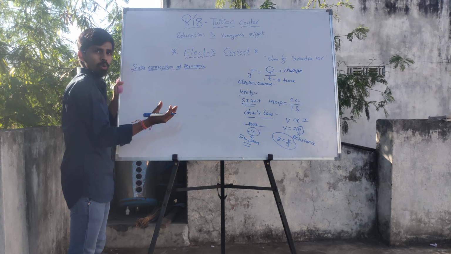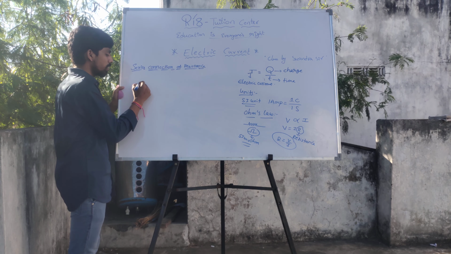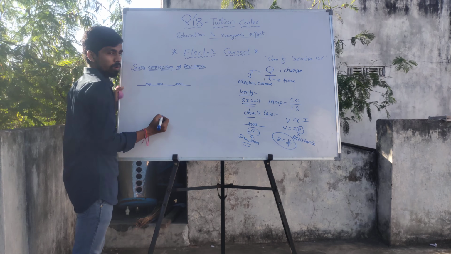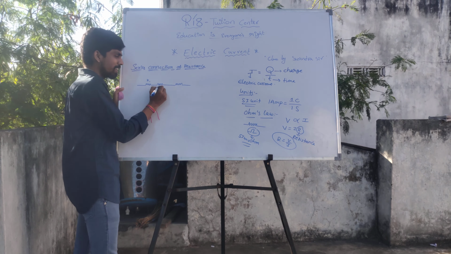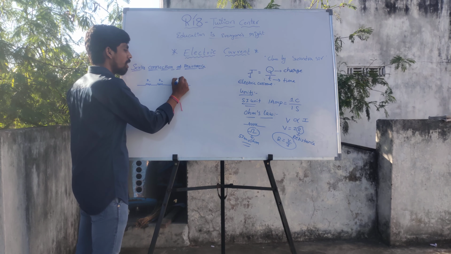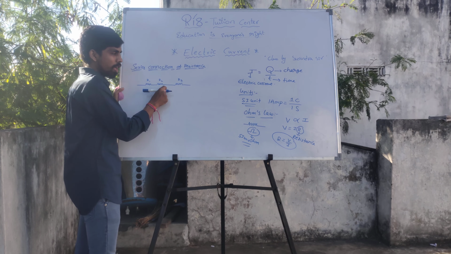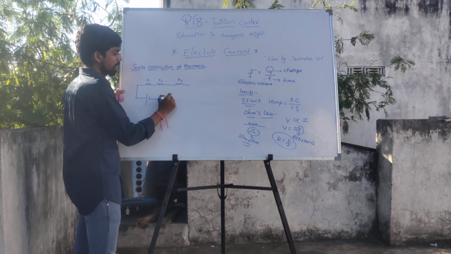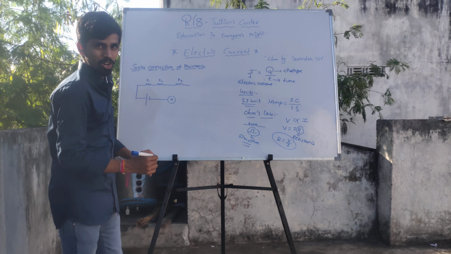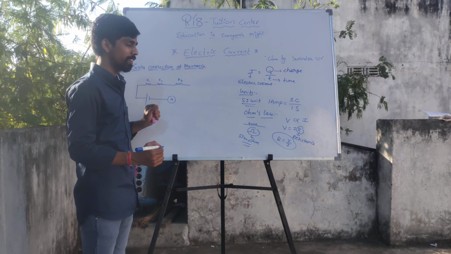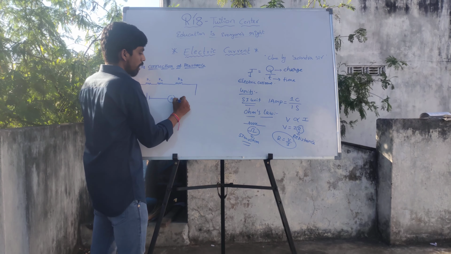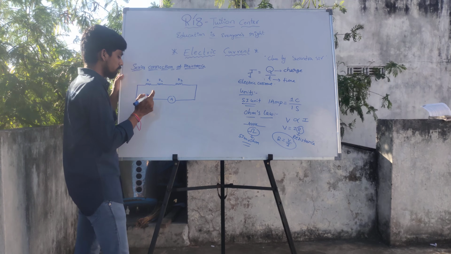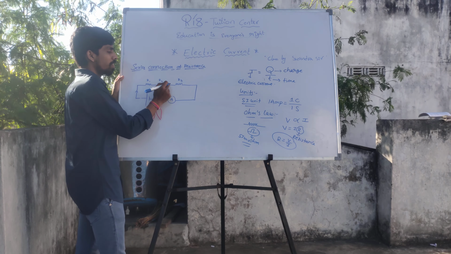Take two or three resistances connected in series, meaning one resistance is connected to another. The first resistance is R1, the second is R2, and the third is R3, connected to a battery and an ammeter. An ammeter is a device used to measure how much electric current passes through the circuit.